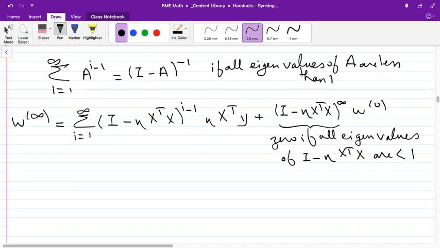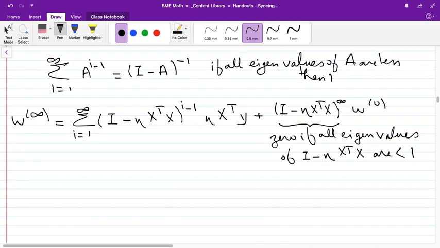So if that's true, then what I get is the sum of this term raised to the power of i minus 1. The sum of the matrix raised to the power of i minus 1 is the inverse of the identity matrix minus that. So this sum is going to go away.